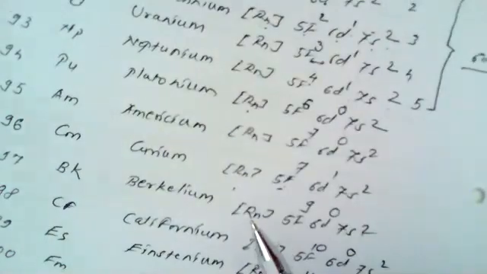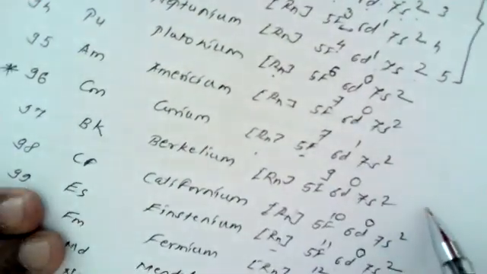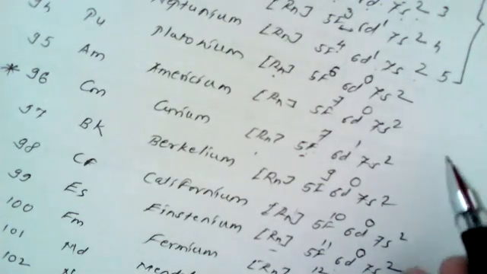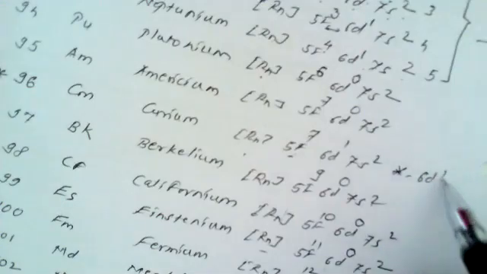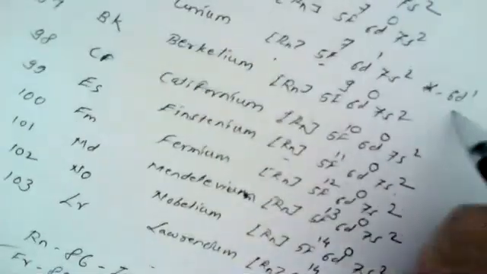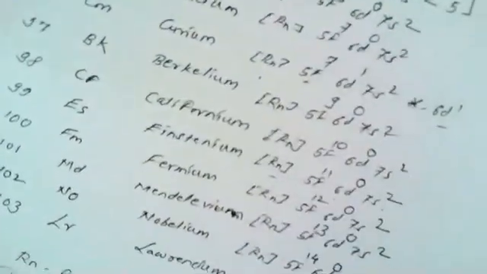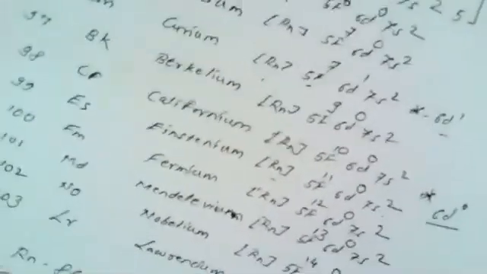Now what is a drastic feature after neptunium? Only curium contains a single d electron, and the last element, lawrencium, contains a single electron. The rest, all other members, contain no electrons in their 6d level.